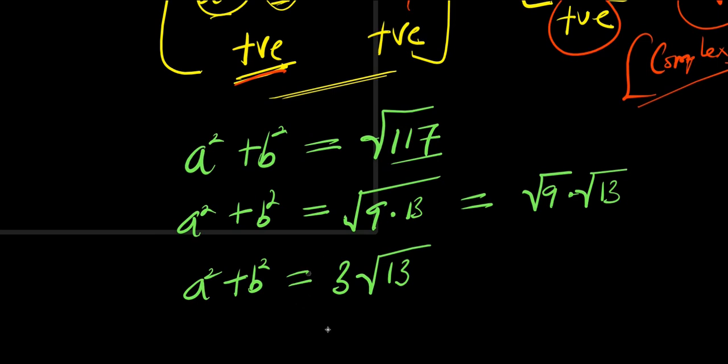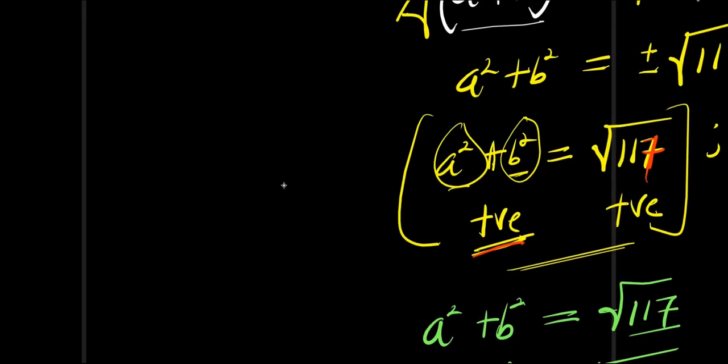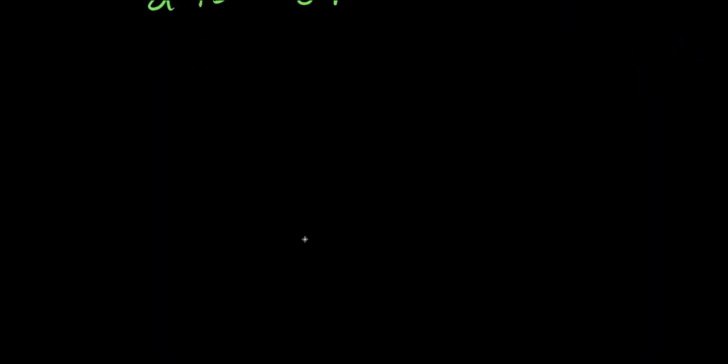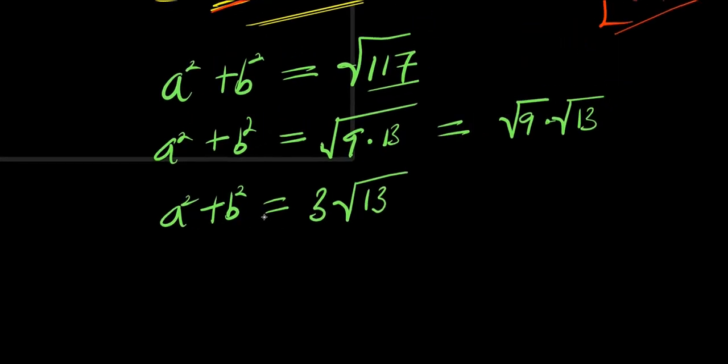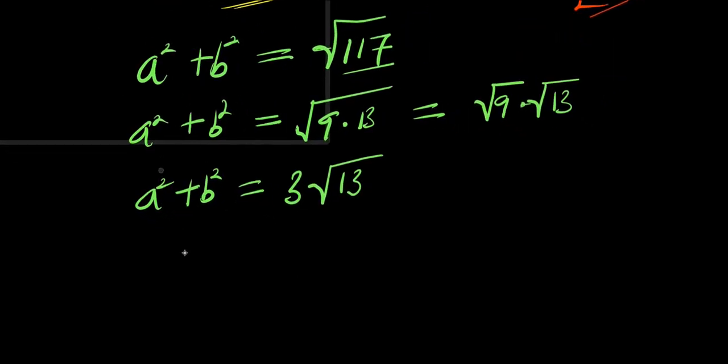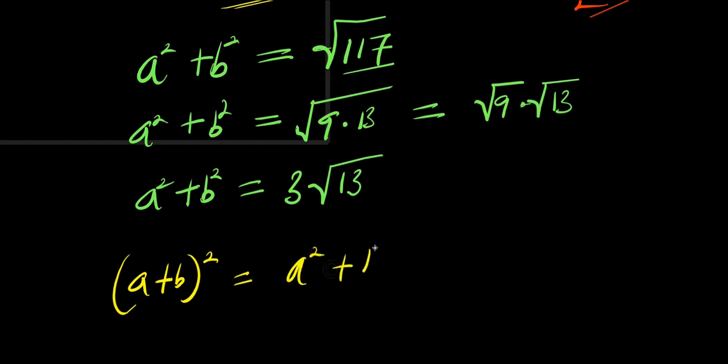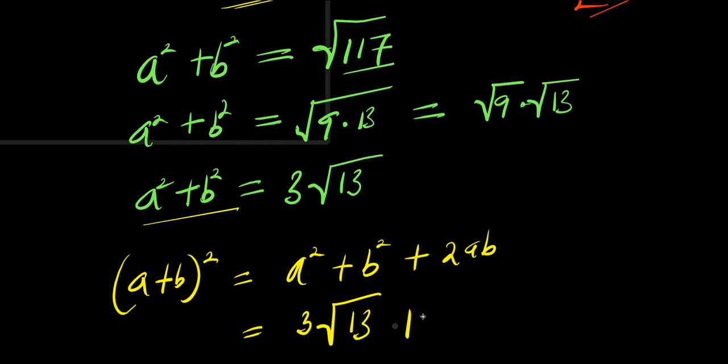Now we are solving for a plus b. Then you have to consider this particular identity as well. If you have a plus b to the power of 2 and you expand it, this will give you a squared plus b squared plus 2 times ab. Now we have gotten a squared plus b squared, which is 3 times root 13, plus 2 times our ab.